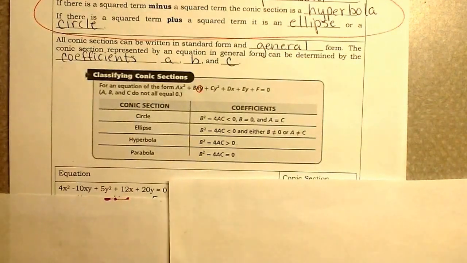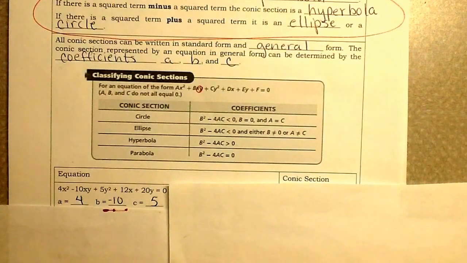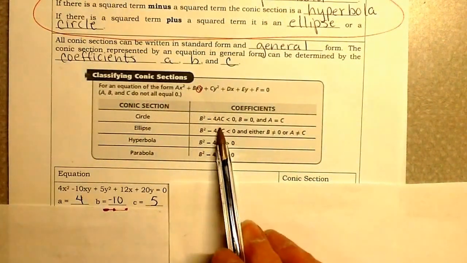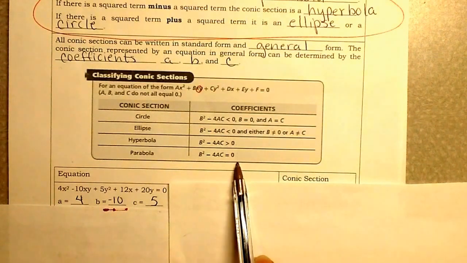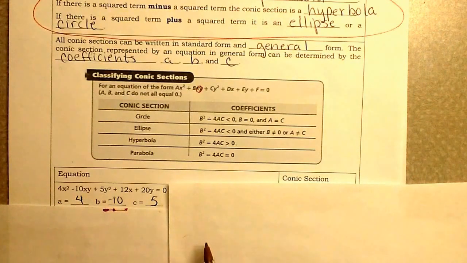So for this particular question, A is 4, B is negative 10, and C is 5. All we need to do is substitute those values in and see if it's less than 0, greater than 0, or equal to 0.